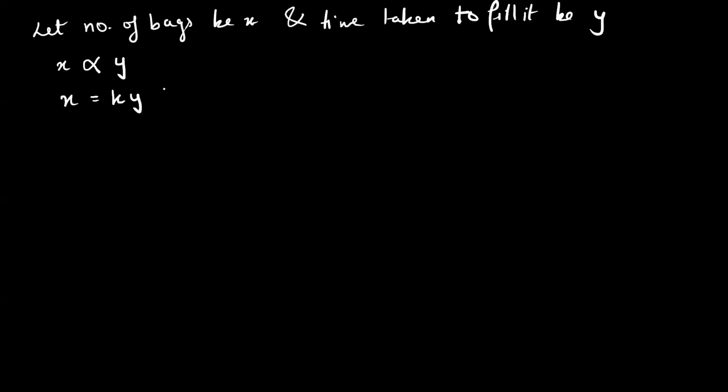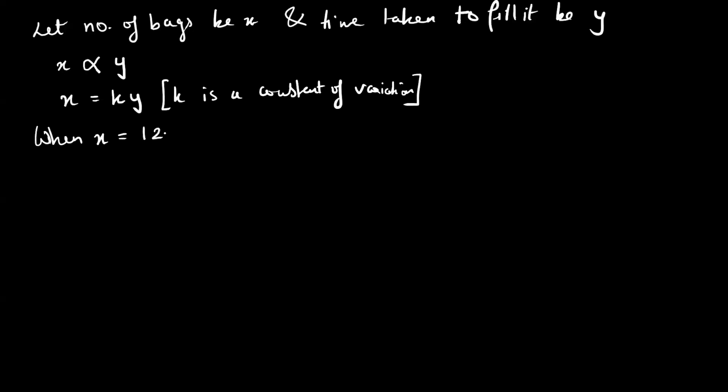K is a constant of variation. I hope everyone writes this every time completely, and doesn't make the 3 dots like me. When X is equal to 120 and Y is equal to 3, 120 is equal to K into 3.